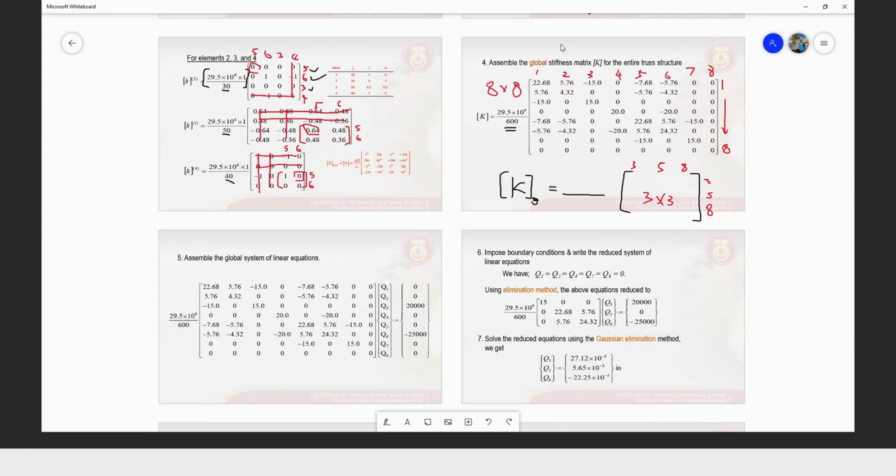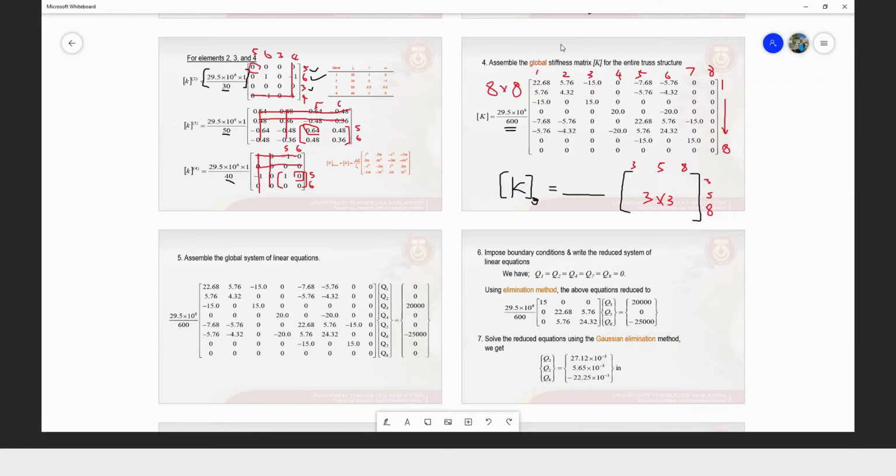Nak prepare, kalau rajin rasa macam sempat nak prepare 8 kali 8, then up to you. If you want to prepare only the active for the active element, then just prepare 3 by 3. So kita accept it.